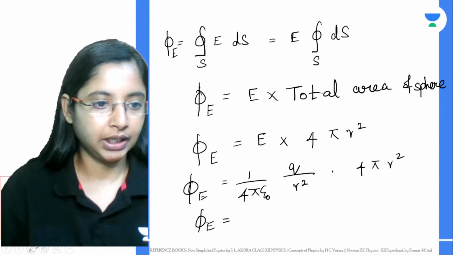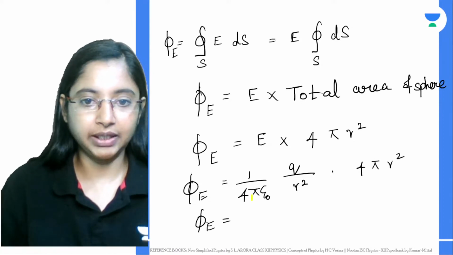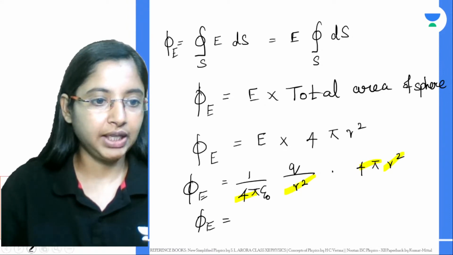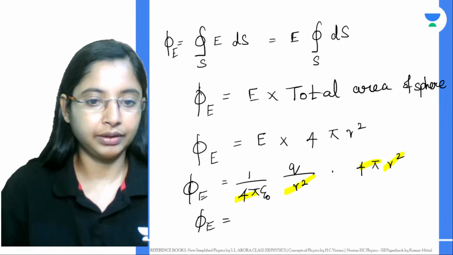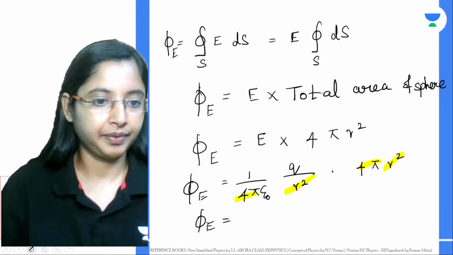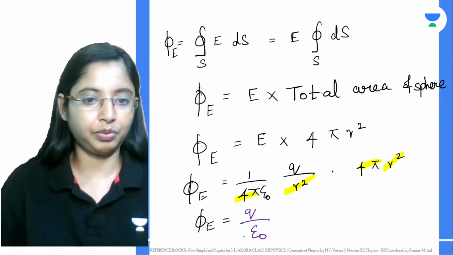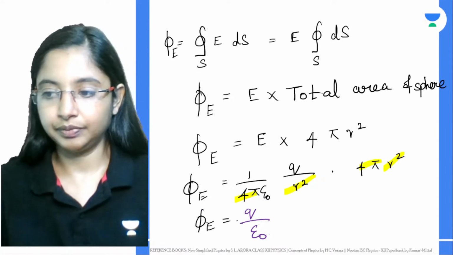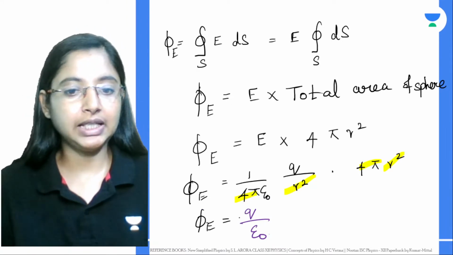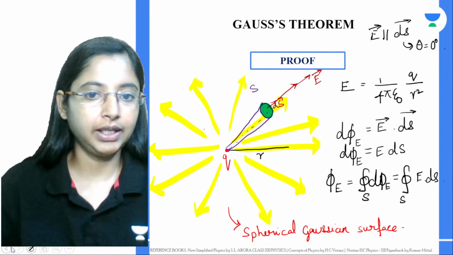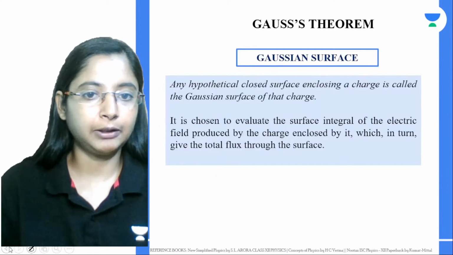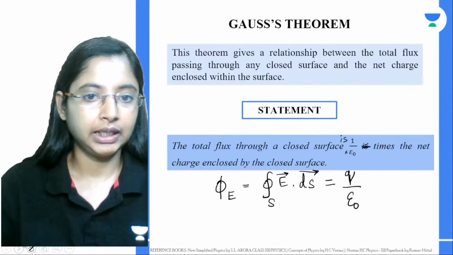All we are left with right now is q by epsilon naught. That's it. This proves Gauss's law, Gauss's theorem, which says the total flux through a closed surface is q by epsilon naught.